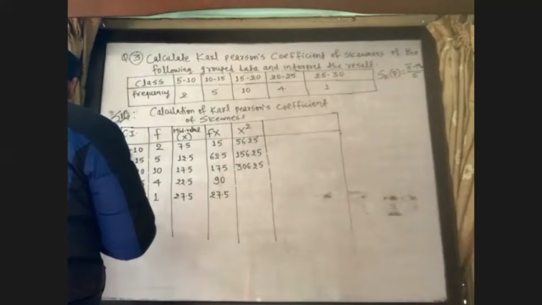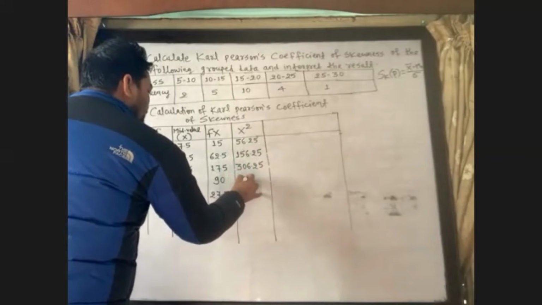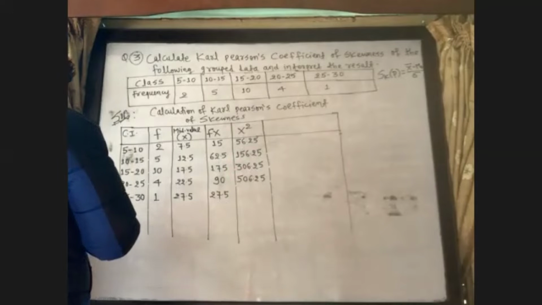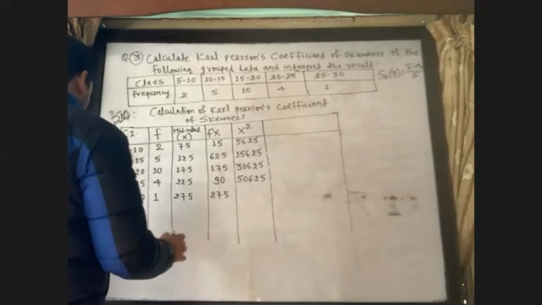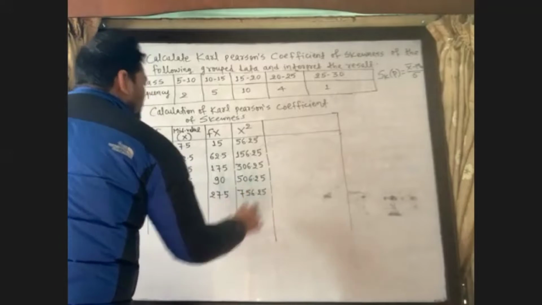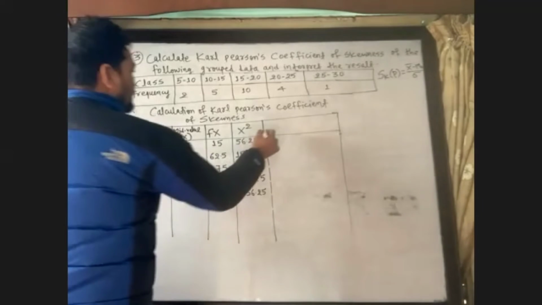Now 22.5 square equals to 506.25. Then 27.5 square equals to 756.25. Okay, so in this way, we found here x square.